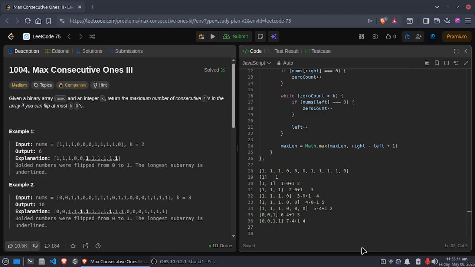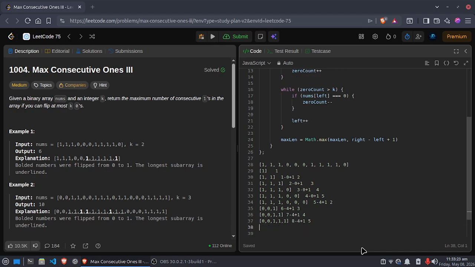And here again 0 0 1 1 1, now 8 minus 4 plus 1, that is 5. Again new array 0 0 1 1 1 1, now this time 9 minus 4 plus 1, 9 minus 4 is 5, 5 plus 1 is 6.